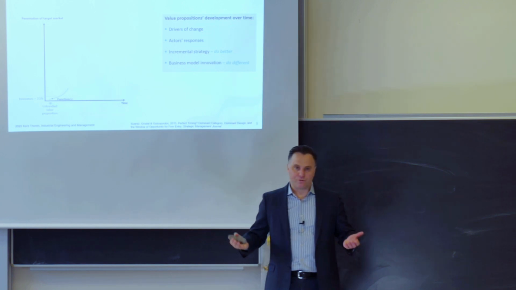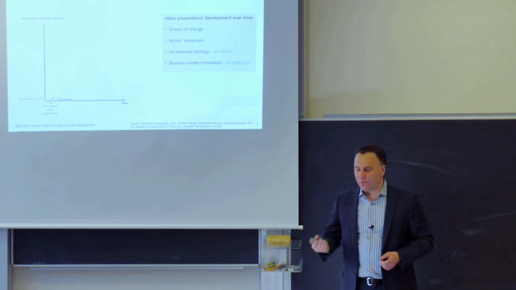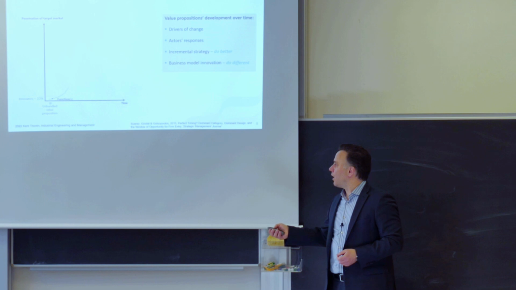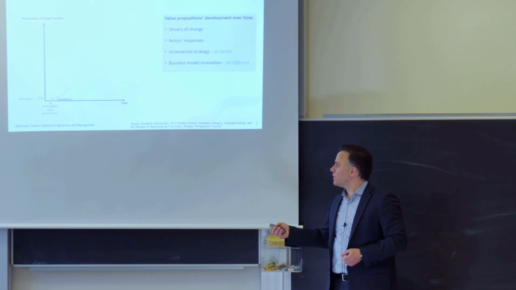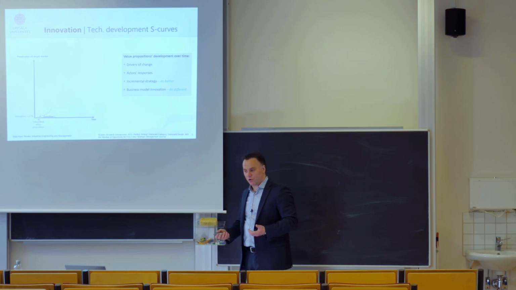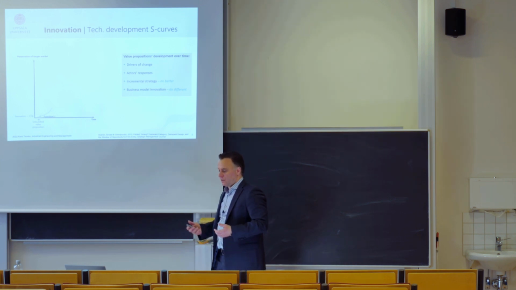It also represents the volume. It also represents the technology's performance, because over time there is also more R&D spending. So performance goes up also in an S-curve. We'll leave that a little bit aside for now and focus on the business domain following the same shape.